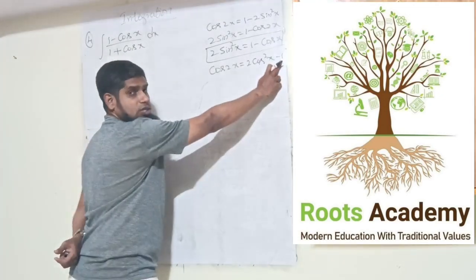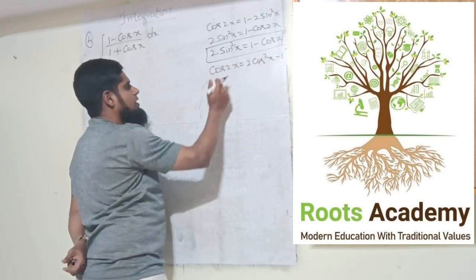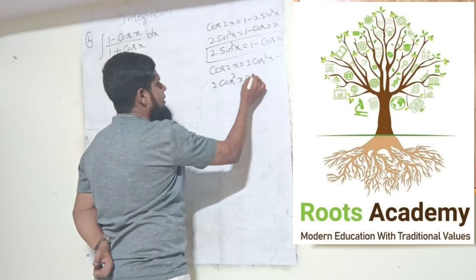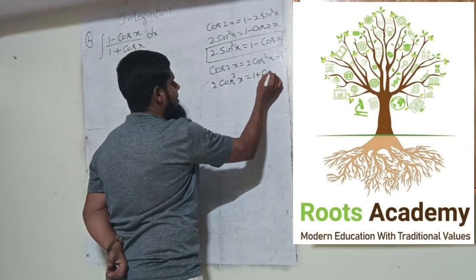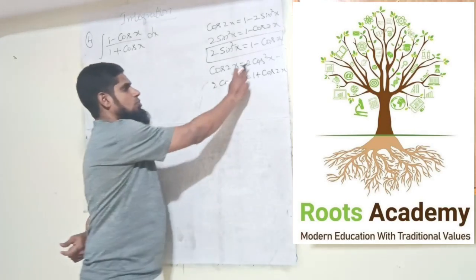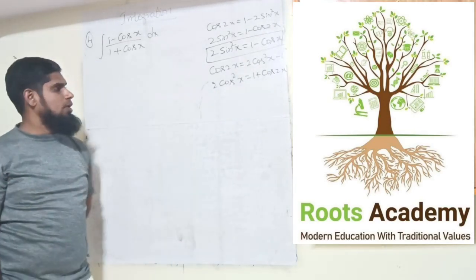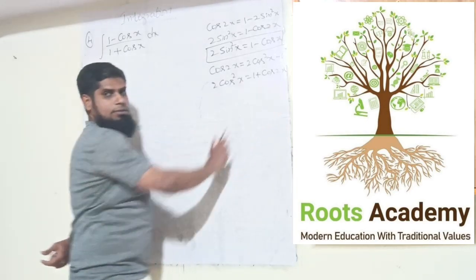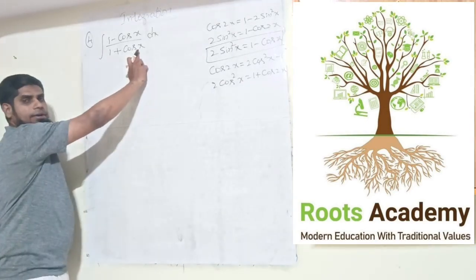So in that, this minus 1 I will shift towards my left hand side. That gives 2 cos square x is equals to 1 plus cos 2x, or 1 plus cos 2x is equals to 2 cos square x. Again same problem for me. I have 2 here, but I don't need 2 here.